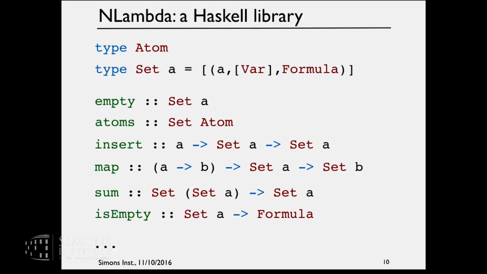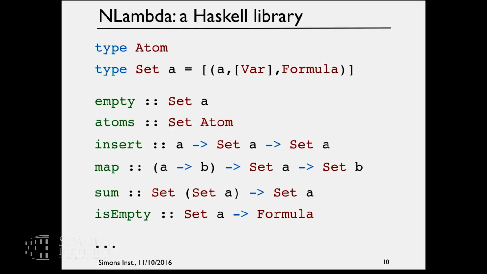So now I can tell you that a value of type set A is a list of saying, well, there is some value of type A qualified by a first order formula with some free variables. There's a list of free variables. Var is just the name of a variable.